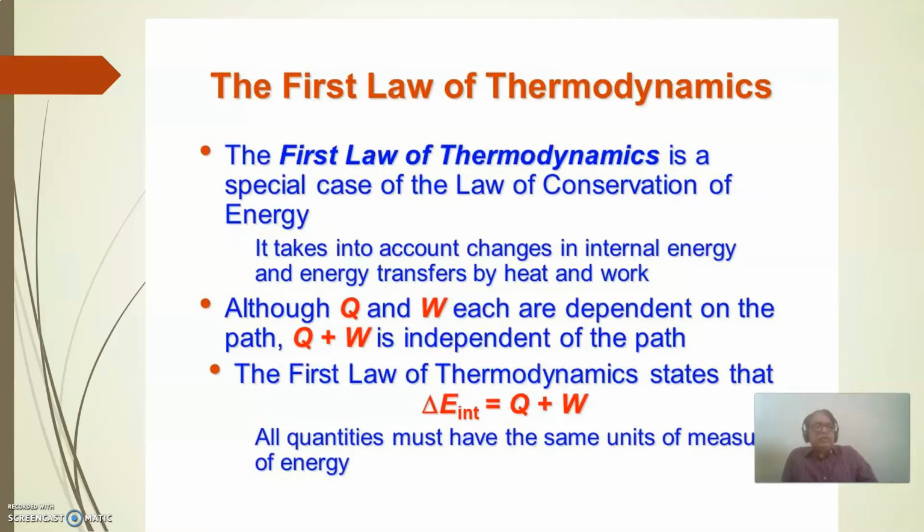So let us say you take a closed system of a piston and cylinder arrangement. In the cylinder, let us say that gas is entrapped already, and to that system we are adding heat.